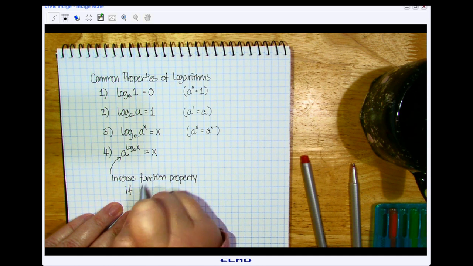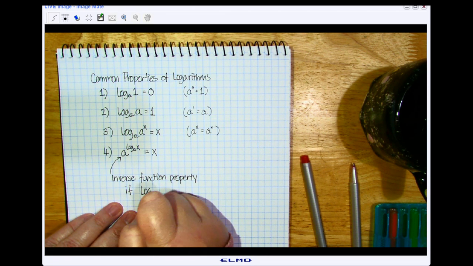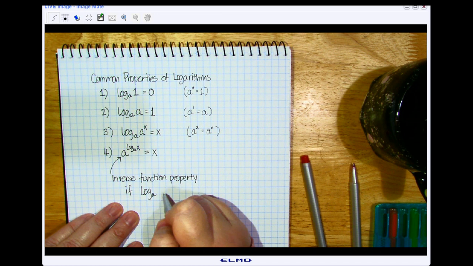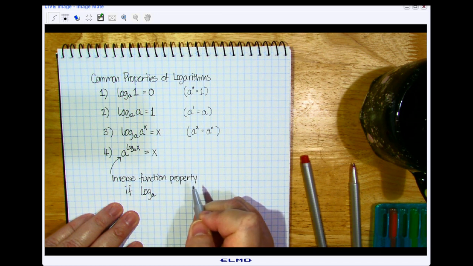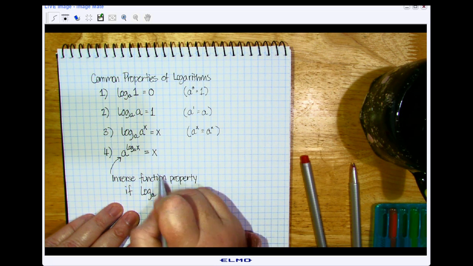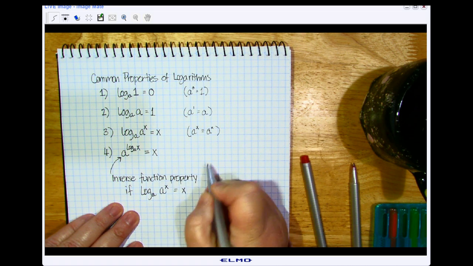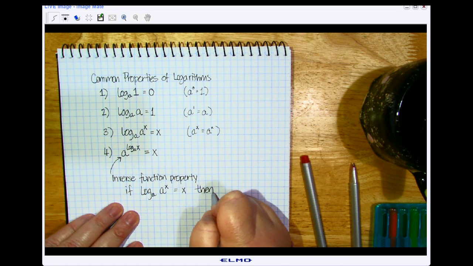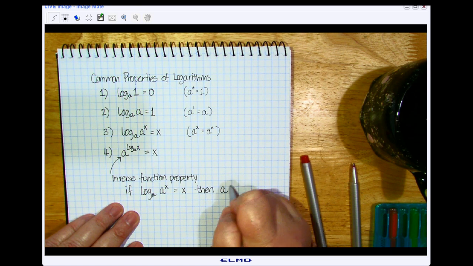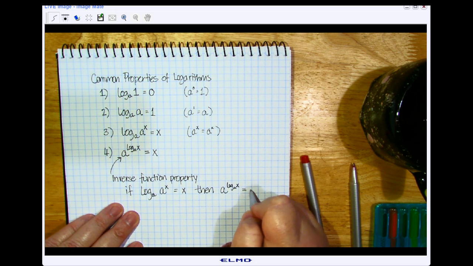In that if log base A of A to the x is x, then it has to be true that A to the log base A of x has to also equal x.